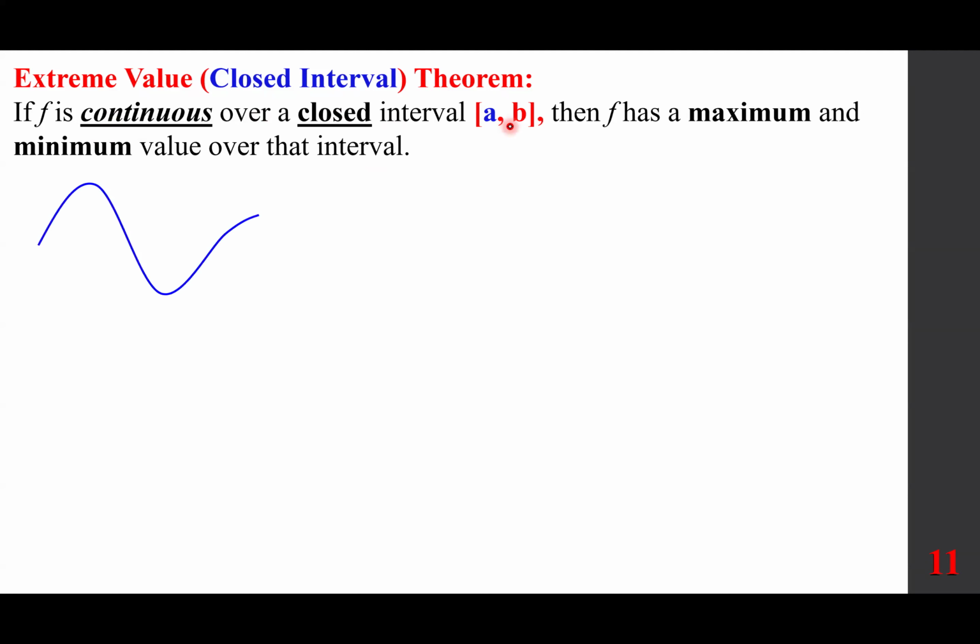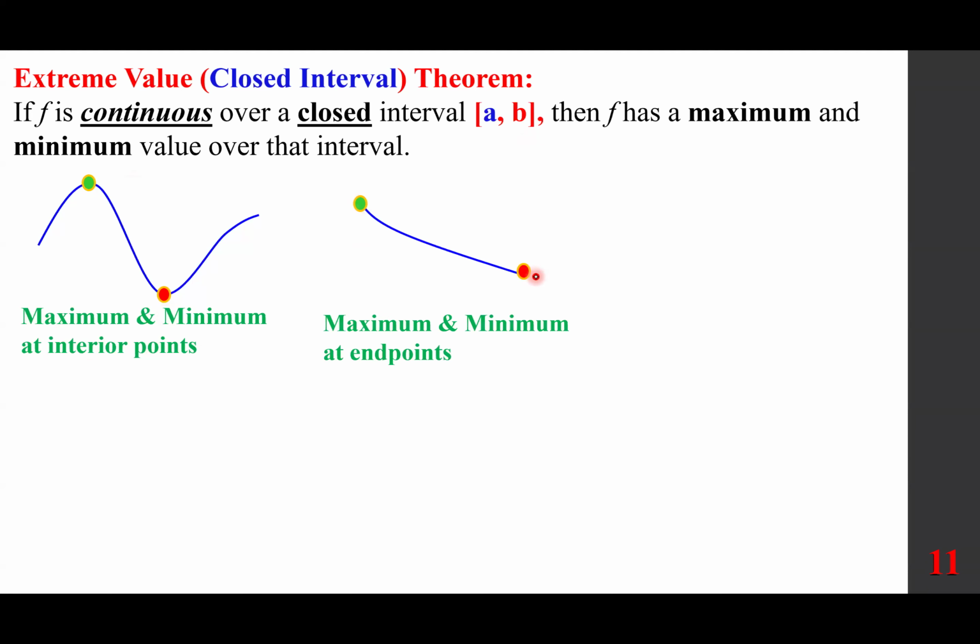So what happens? We have an absolute max, we have an absolute min. By the way, they are both local as well. Local max, local min, absolute max, absolute min. So this is absolute max, this is absolute min, and maximum and minimum at interior points, somewhere between a and b. Absolute max, absolute min, max and minimum at endpoints.